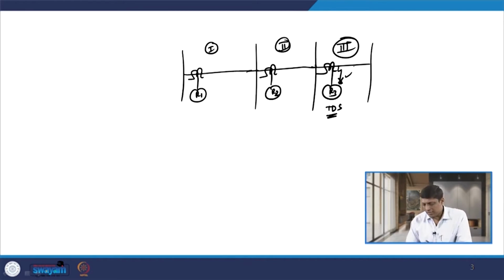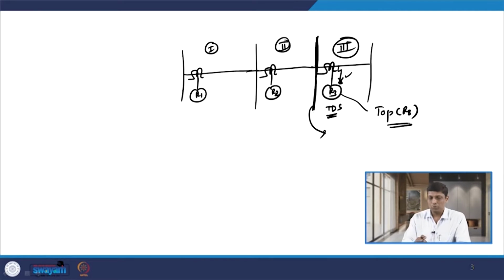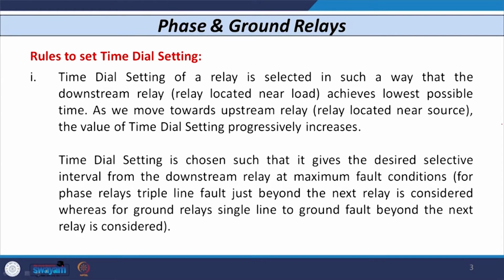If I consider this fault, the fault MVA is not available for this case. So, what we do is we normally consider the fault MVA at this bus. For this bus we calculate the time of operation of relay R3 for maximum fault current conditions, and then based on this we calculate the time of operation of relay R2. So, this is the meaning of that.